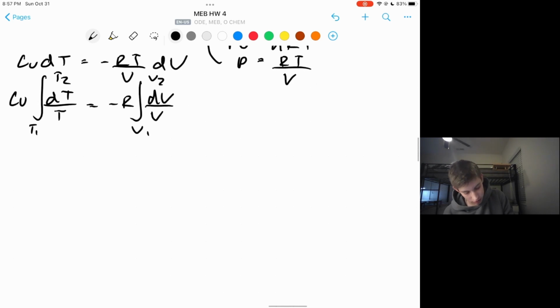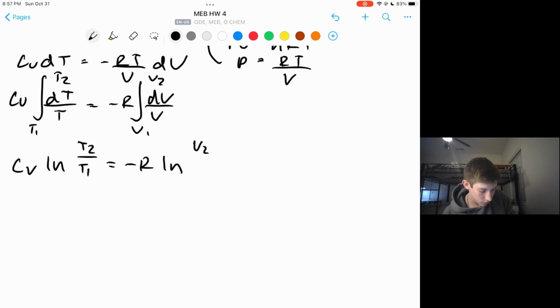So if you do integration, we get Cv times the natural log of T2 over T1 equals negative gas constant R times the natural log of V2 over V1. And one of the properties of logarithms is that the coefficients in front can become exponents for the terms inside.